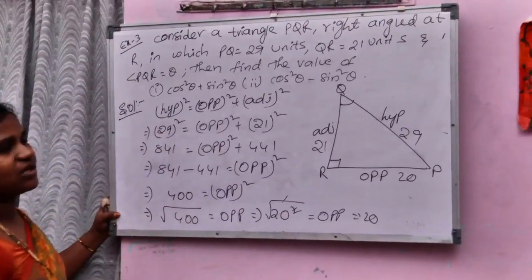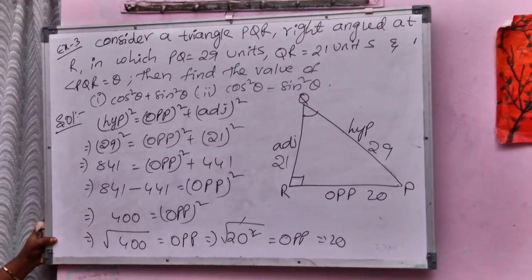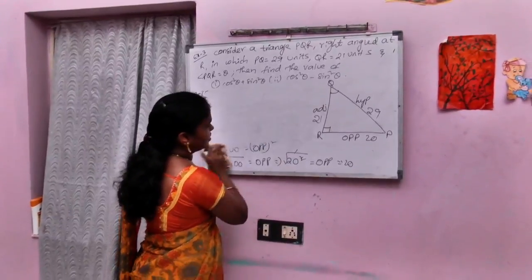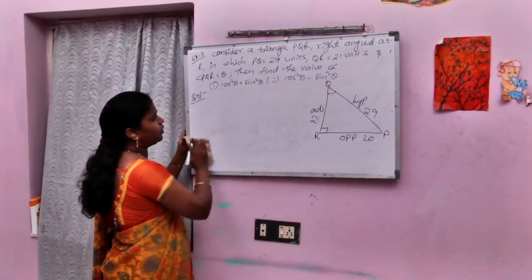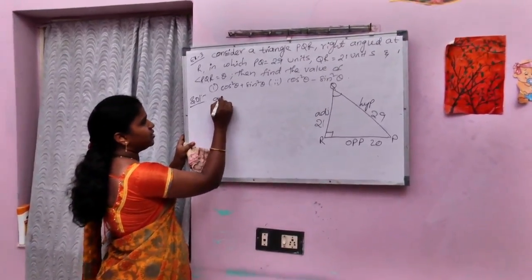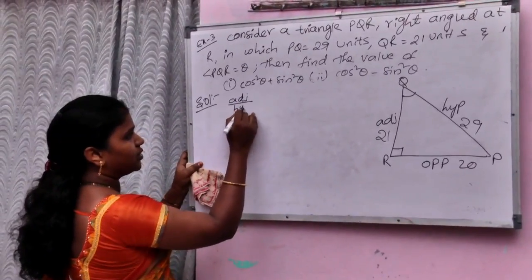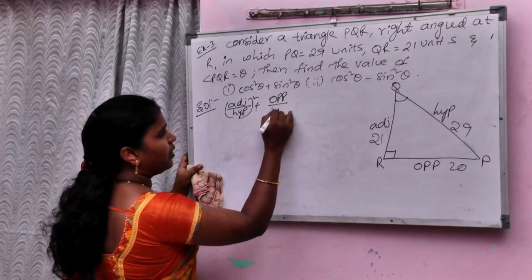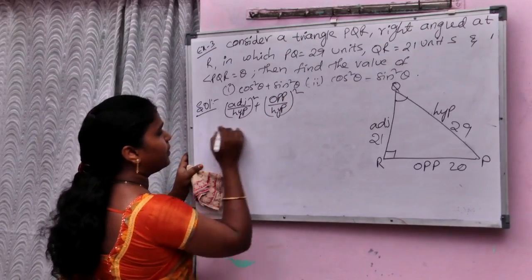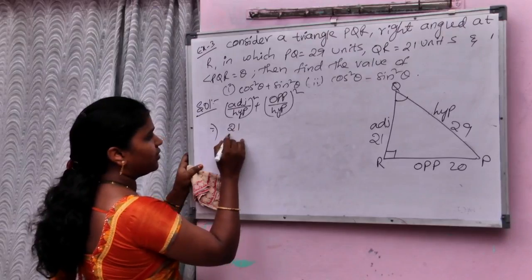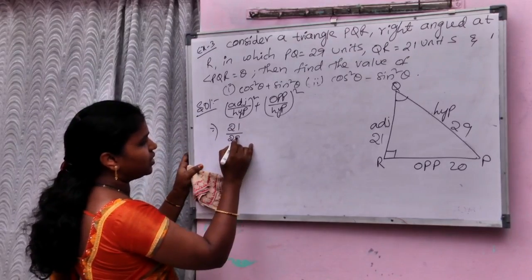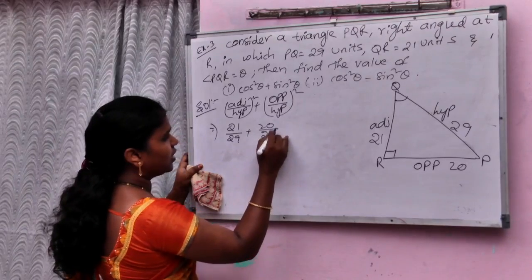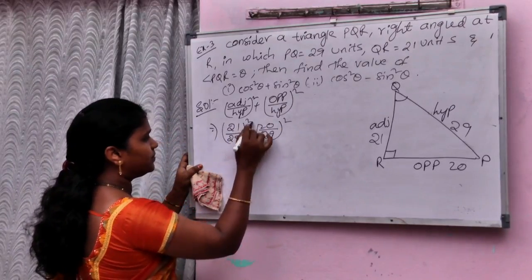Now let us find the first condition, that is cos square theta plus sin square theta. We know that cos square theta is adjacent by hypotenuse square, plus sin square theta is opposite by hypotenuse square. The adjacent value is 21 and the hypotenuse is 29, plus the opposite value is 20 and the hypotenuse is 29, both squared.